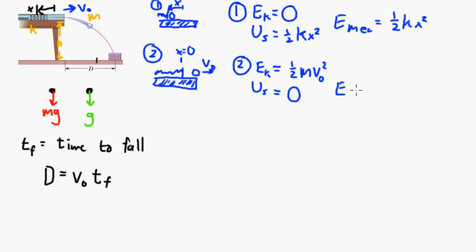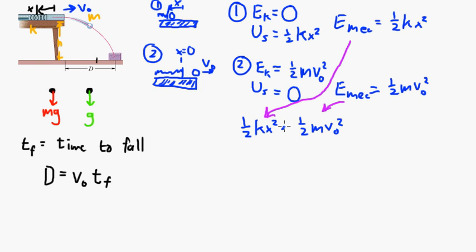At state 2, EMEC is 1/2 mv0 squared. So if energy is conserved from 1 to 2, then we're going to have 1/2 k x squared equals 1/2 mv0 squared. That's just conservation of mechanical energy from 1 to 2.